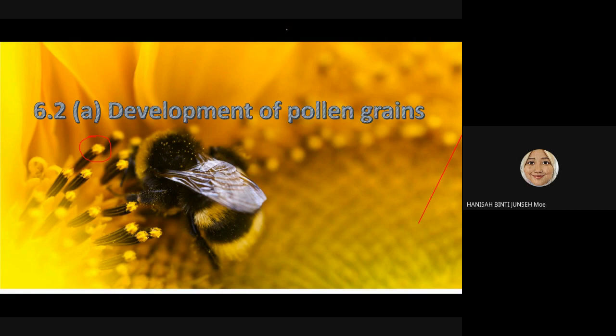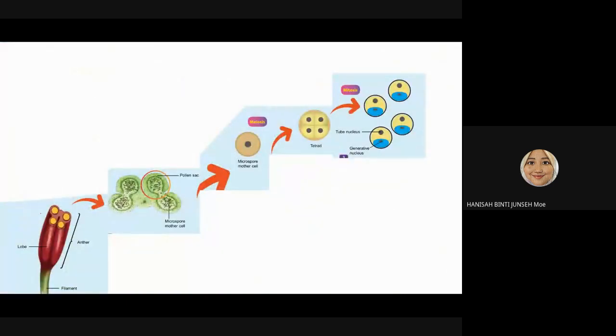In the next slide, there's a cut-off. Let's see the next slide. Okay, so here is the sequence of the stages of development in pollen grain.